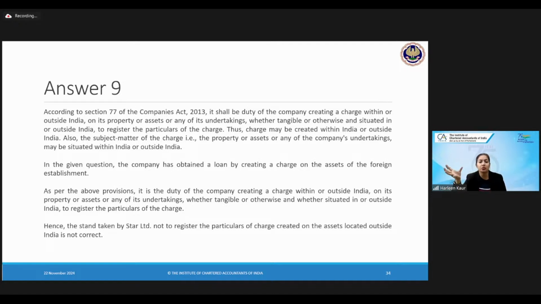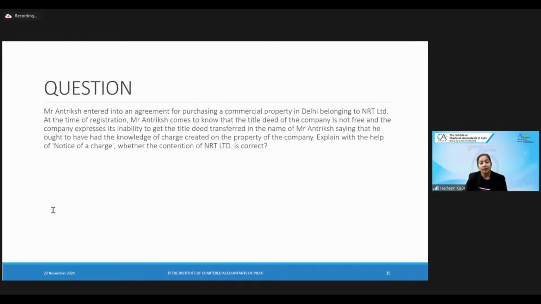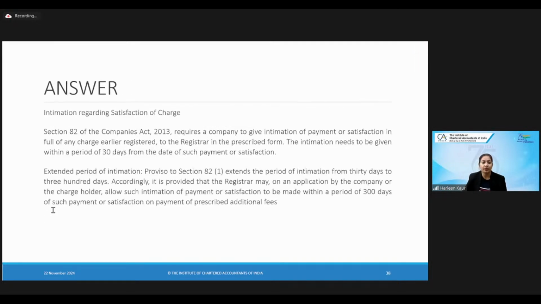Always explain what the charge is, what the duty is, a brief summary of Section 77 that you have studied. Then tell them in the given question, the company has taken a loan and it is its duty to get it registered. And in the third, conclusion: on the basis of the above analysis and provisions, we conclude that the stand taken by the company is not correct. Easy, simplified? Okay.